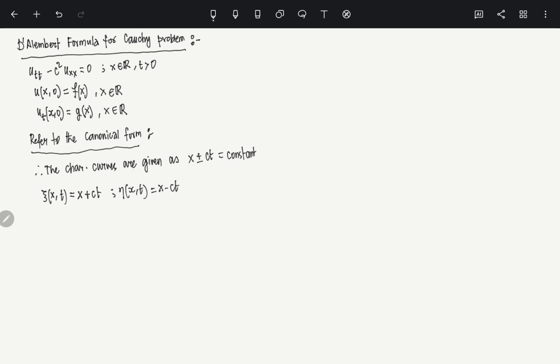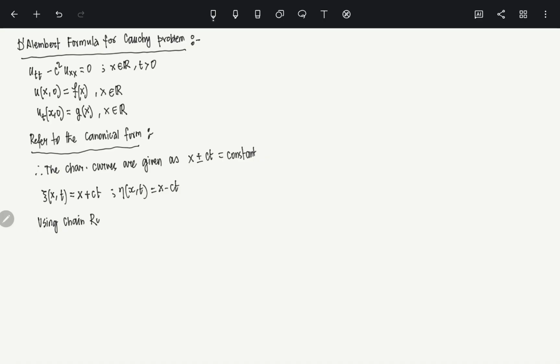You remember, we choose the variables in such a way that if you restrict them to the characteristic curves, they are constant. As you can see, this is true. If this is the idea, then we choose xi and eta like this, and you can actually make the change using the chain rule. This you have to check.